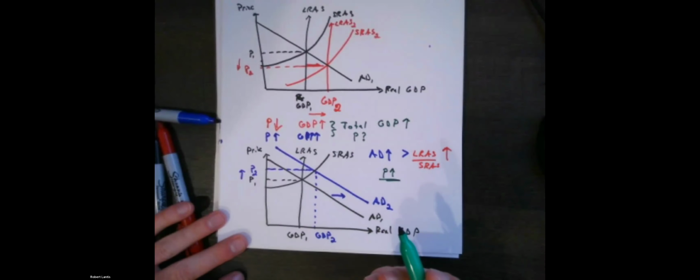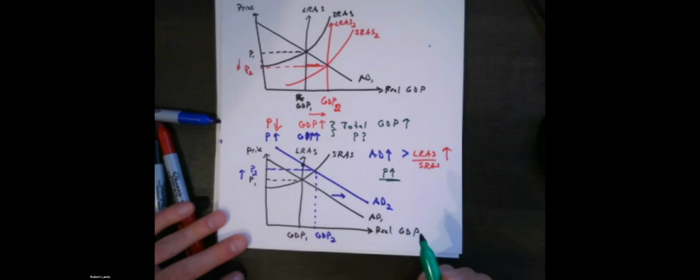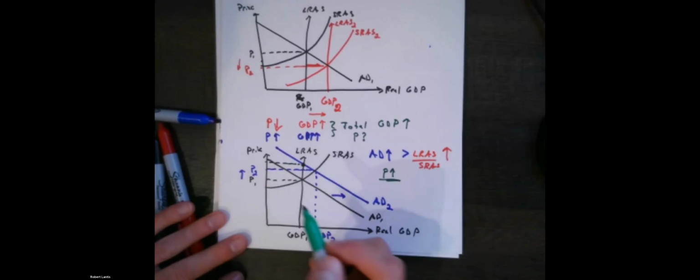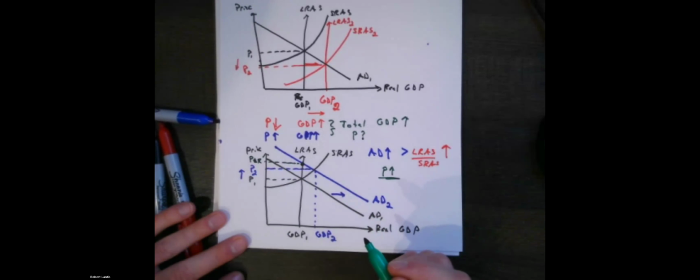But where is the long run equilibrium? It's now at the point where my long run aggregate supply curve hits my new aggregate demand curve. So prices in the long run, I put P3 here, my new prices in the long run, are going to be even higher than the short run prices.